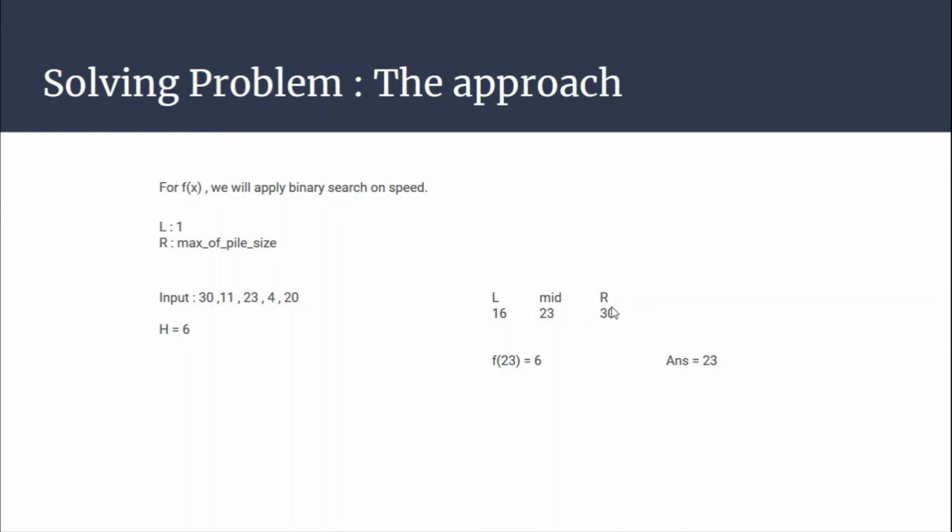So those are useless for us. That is why this time the upper pointer would be updated, because till 23 we have checked, and for 24 till 30 we don't have to check. That is why R would be updated to mid minus 1 and R would become 22.